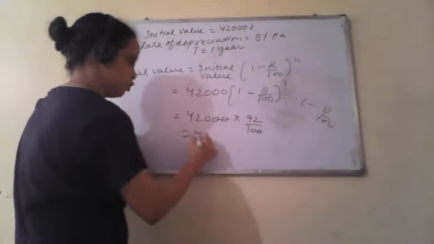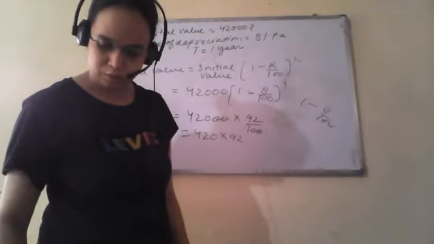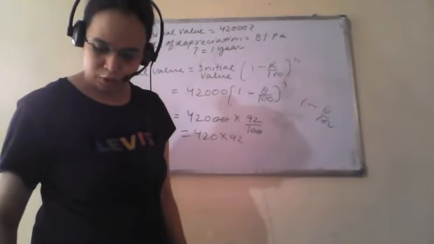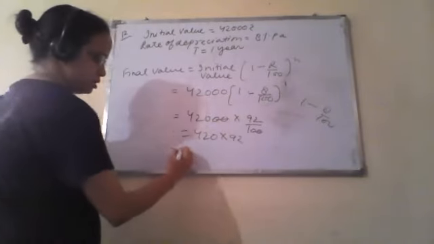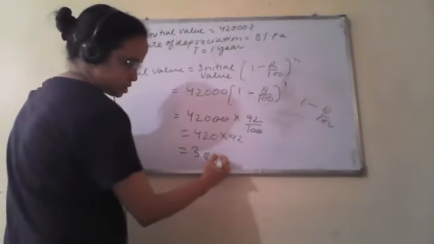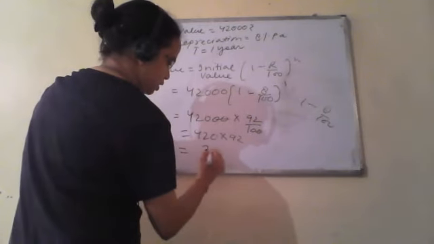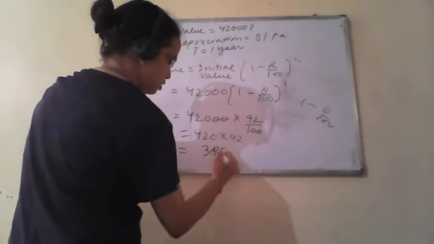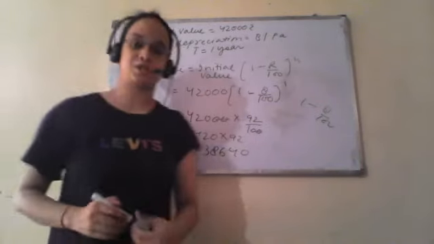So this is 420 into 92. 420 into 92 is 38,640. So the value at the end of 1 year will be 38,640.